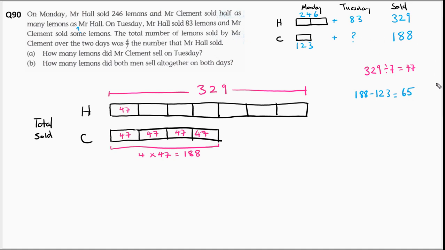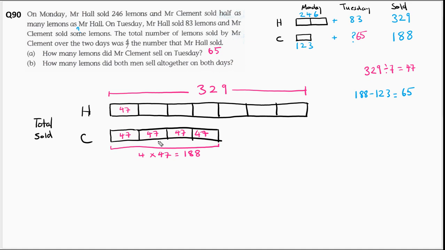So I can now put in 65 here. And this is one of our questions. How many lemons did Mr. Clement sell on Tuesday? We've now answered that. That's 65.